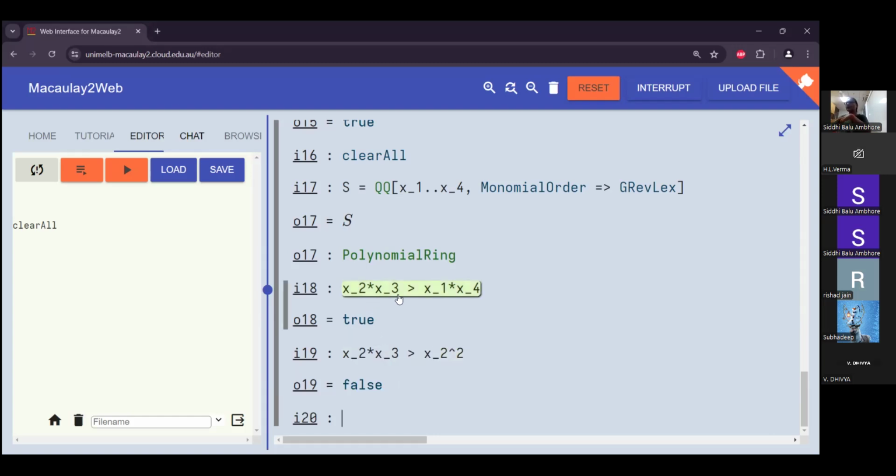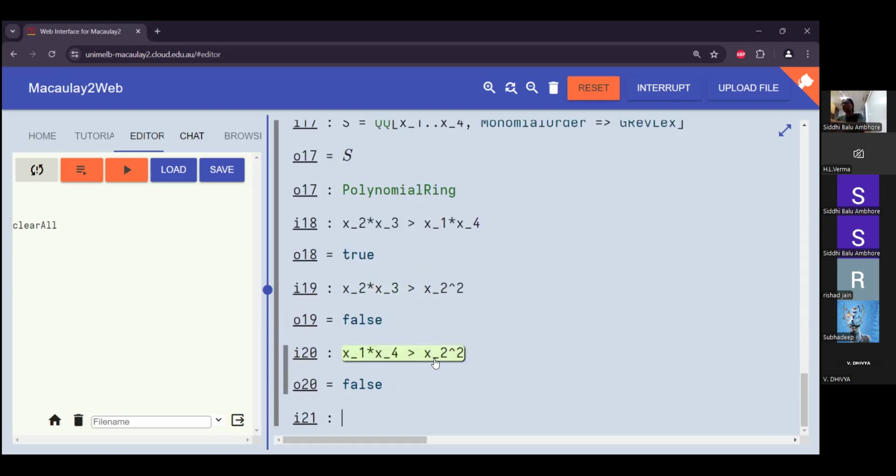So x2, x3 is greater than x1, x4, but not greater than x2 square. Now we will check how x2 square compares to x4 and x1. See, x2 square is neither smaller than x2, x3 nor smaller than x1, x4. So it is indeed largest among these. Any doubts here?